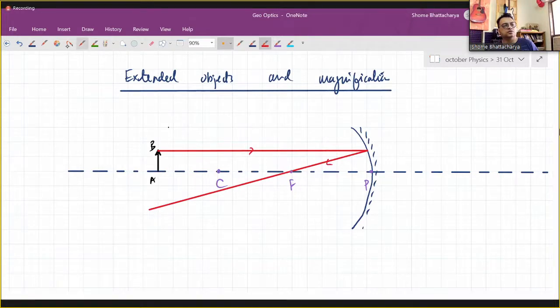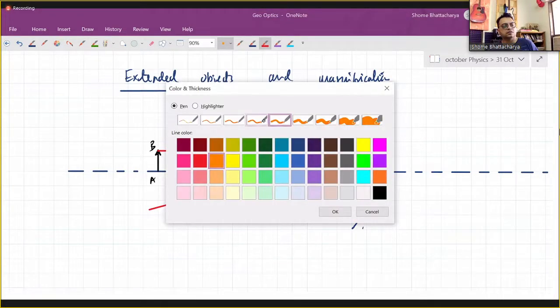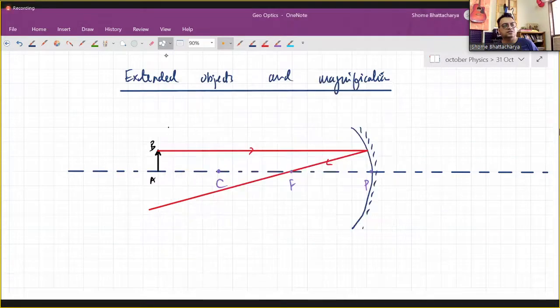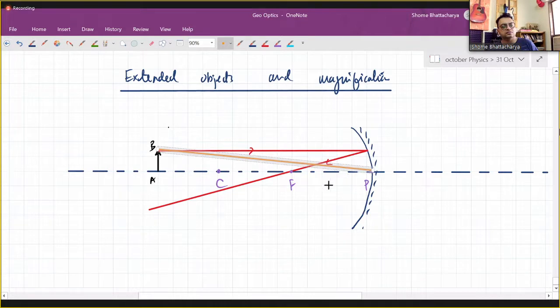And we can also understand that any ray, for example, incident at the pole, so such a ray after deviation goes something like this, such that angle of incidence is equal to angle of reflection.